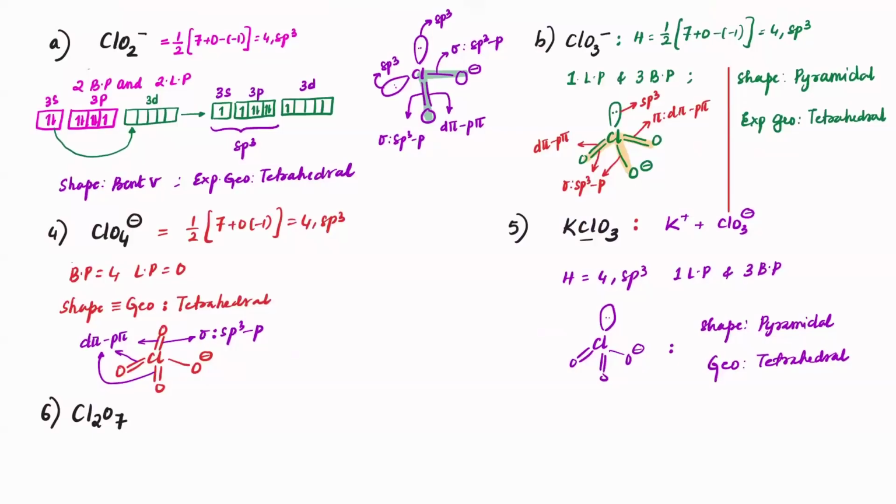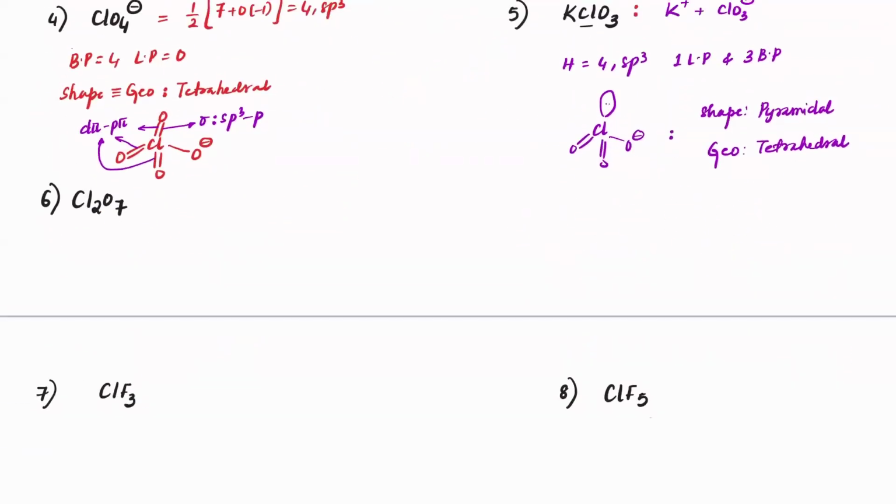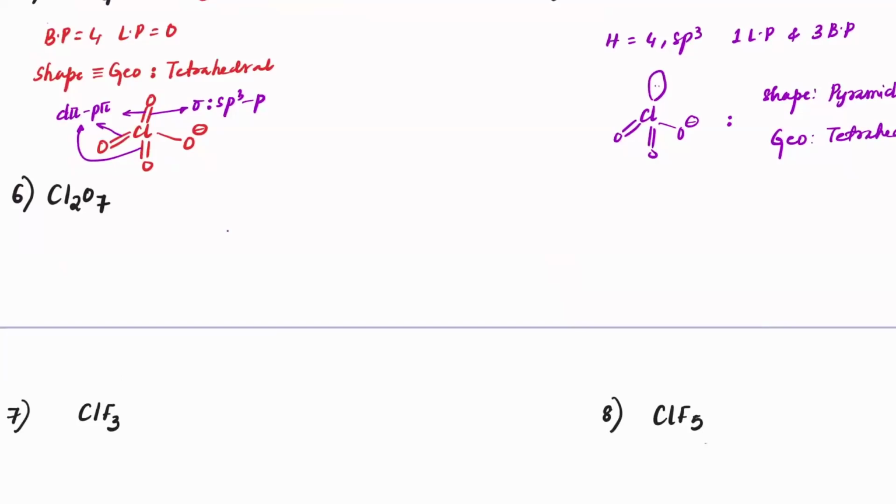Now, in the case of Cl2O7, I'll explain this one. Cl2O7, basically we have chlorine with an oxygen at the center, and the rest of the bonds are like this. Now imagine I've given you the structure, then you should be able to guess what might be happening.